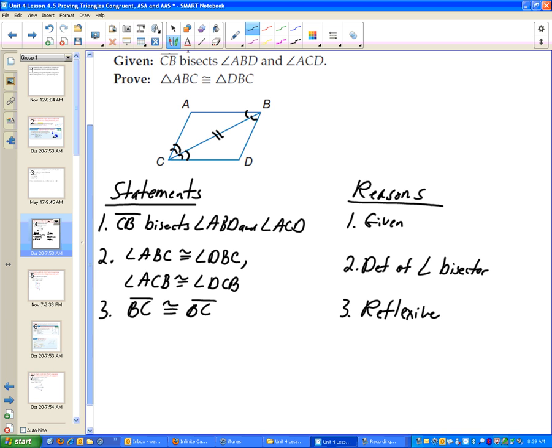Reflexive. And what's statement 4 need to say? Yeah, we're ready. Triangle ABC is congruent to triangle DBC, and the reason is angle side angle.